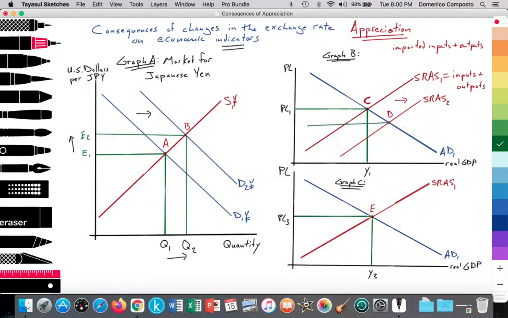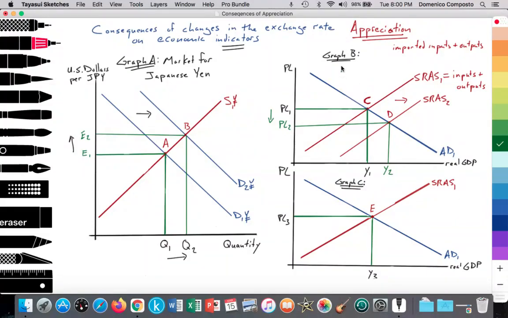The price level falls from PL1 to PL2, which is deflation or disinflation, depending on what we're measuring in the economy, likely more disinflation. I don't think Japan was experiencing deflation, but in any case, you can state on an exam that theoretically it would be deflation, PL1 to PL2, and an increase in real GDP from Y1 to Y2.